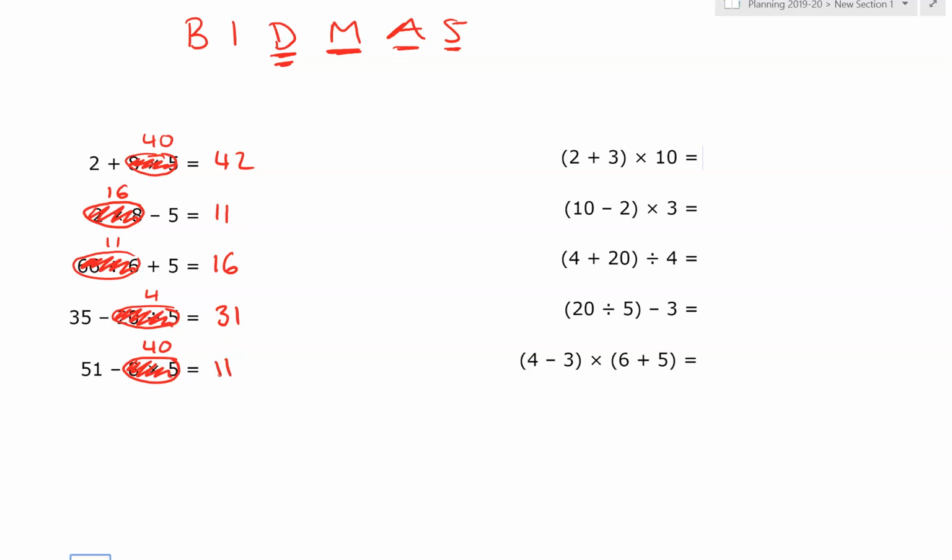If we go on to the other side, we can see each one of these has got brackets. Now, brackets is the very first letter in Bidmas, so it's the bit you work out first. So the brackets are, 5 times 10 is 50. We've got 10 minus 2 is 8. 8 times 3 is 24. 4 plus 20 is 24.